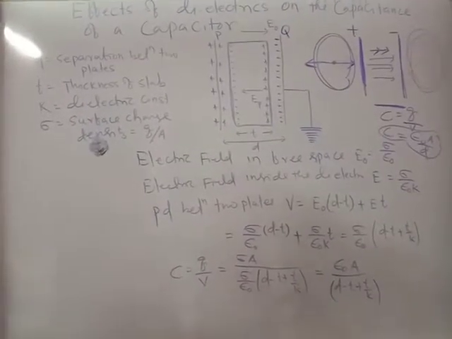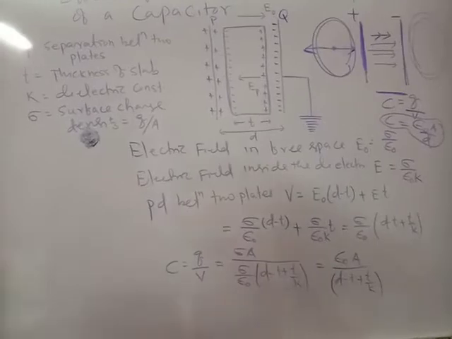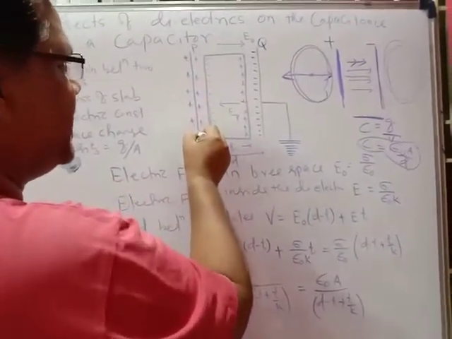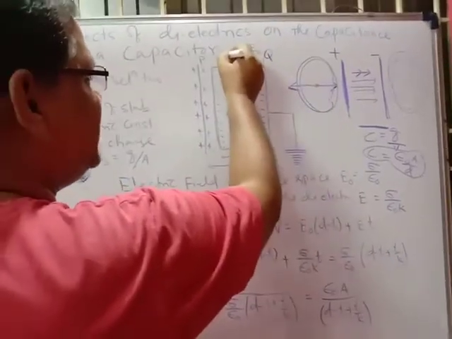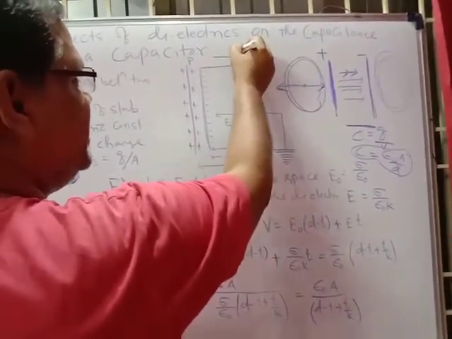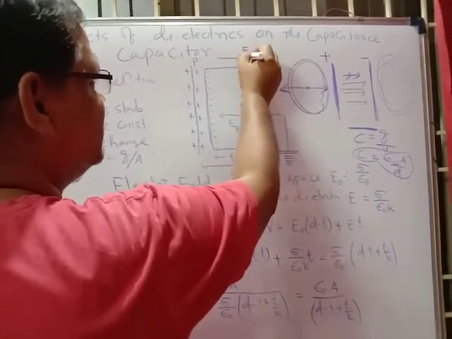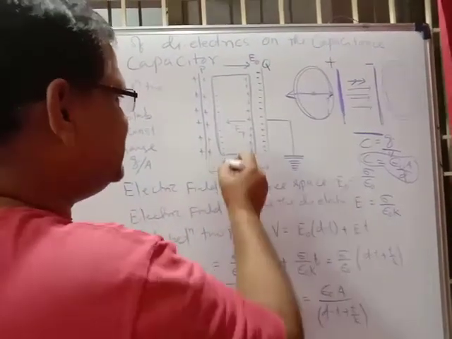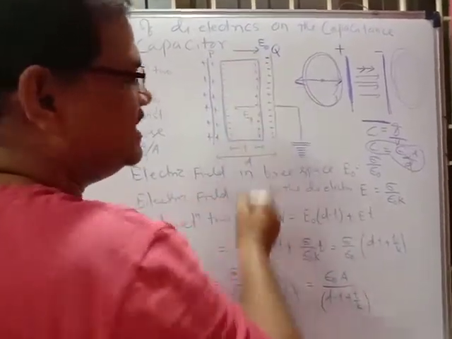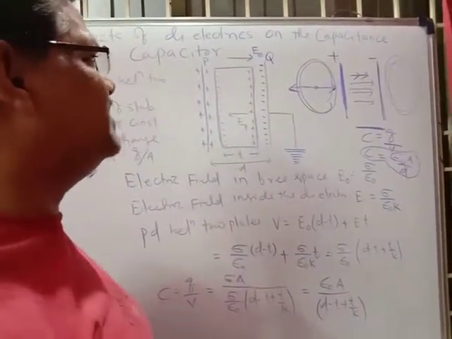The important thing is that due to this plus plate and minus plate, the electric field directed from left to right is E naught. Inside the dielectric, the polarization process takes place.